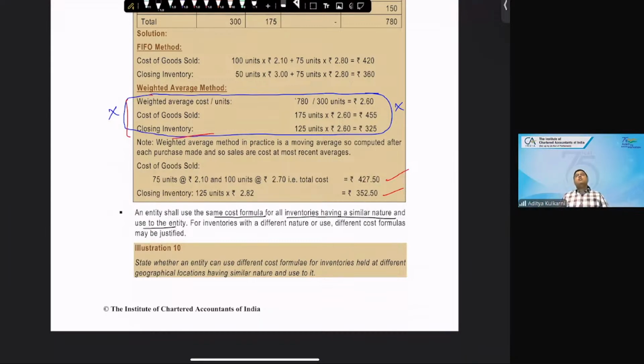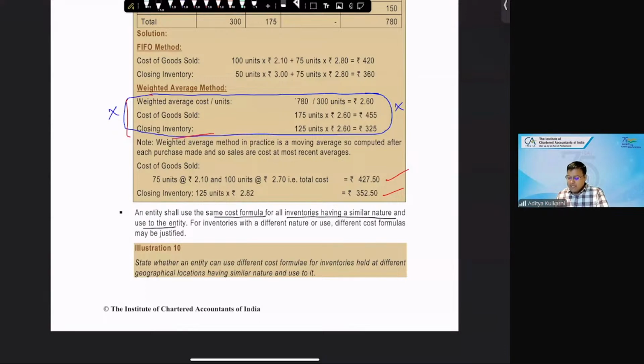If I look at an entity like Reliance Retail, for example, it could have some items on FIFO and some on weighted average. Is it acceptable? Depending on the categories, yes. But suppose the same category across different geographical locations, is it acceptable? The answer is no.